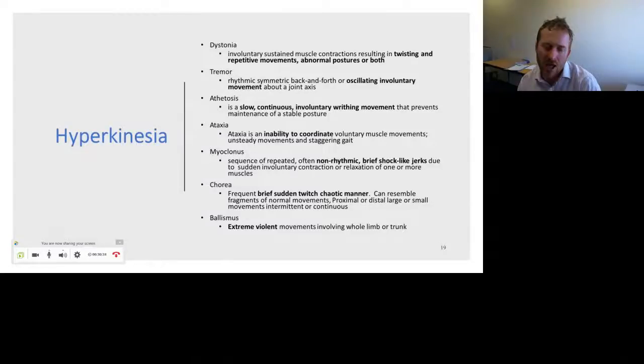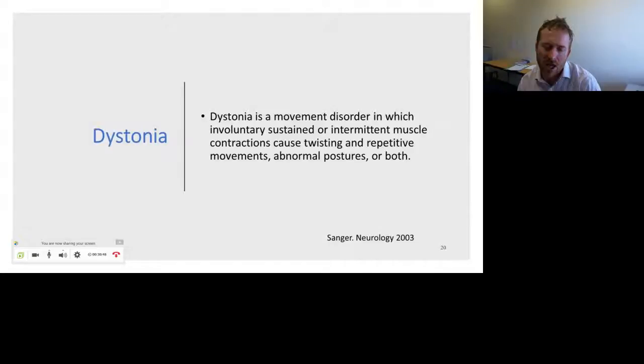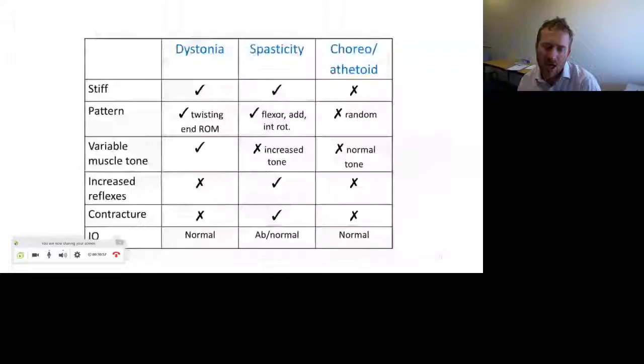But dystonia, like spasticity, has an element of twisting and abnormal posturing, which is slightly different from the presentation of spasticity. So we've defined it here as an involuntary, sustained or intermittent muscle contraction with twisting and repetitive movements and abnormal postures.